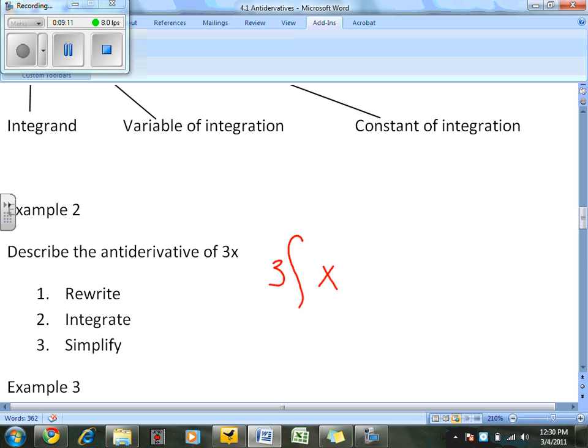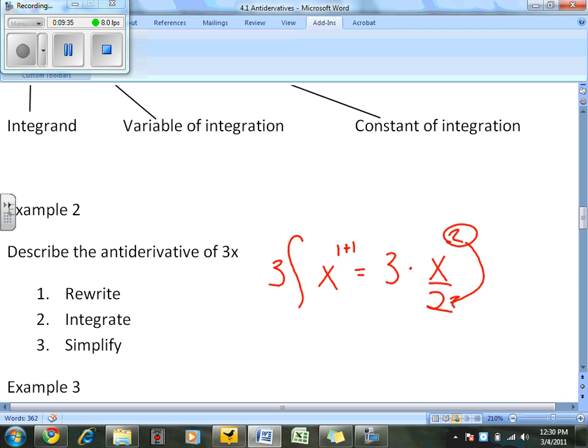All right, so actually the shortcut for taking integrals is we're going to increase the power by 1 and then divide by our new power. So we're going to have 3 times x squared over 2. That is the way to do it. You increase the power by 1, so 1 plus 1, and then you divide by our new power.